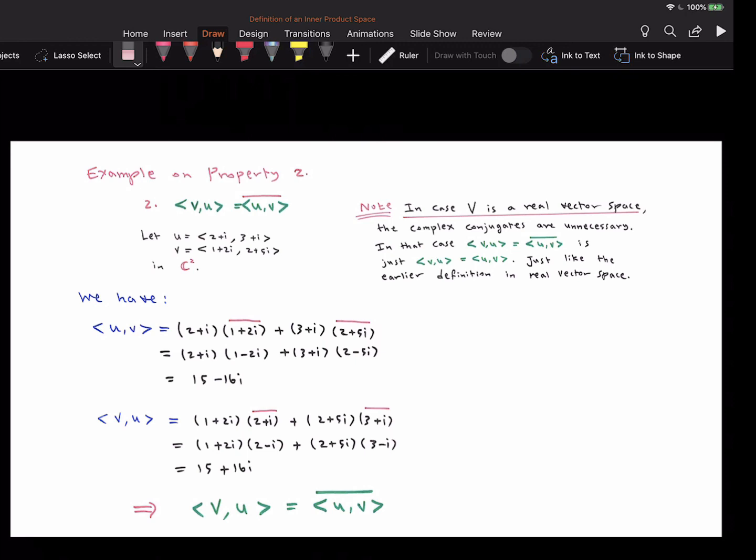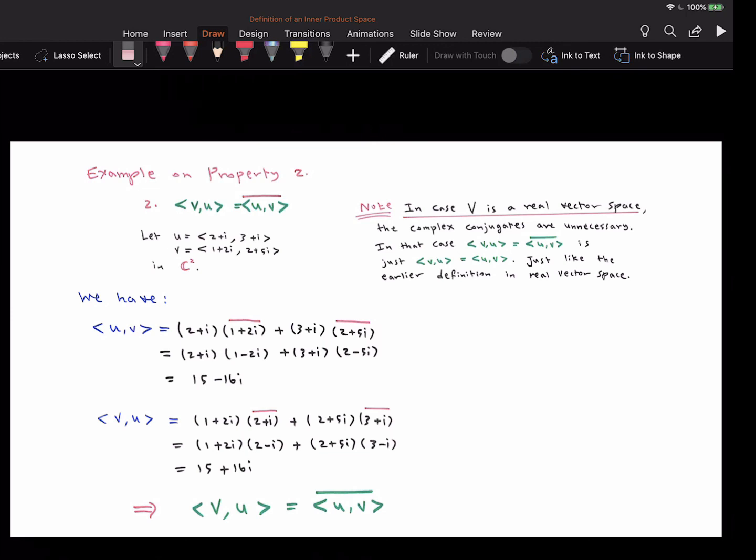Looking at the left, the inner product of U and V equals 2 plus i times the conjugate of 1 plus 2i, and so on. So I take the first components from U and the conjugates of the components from V. We end up with 15 minus 16i.